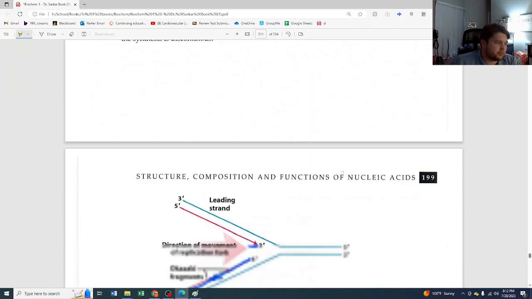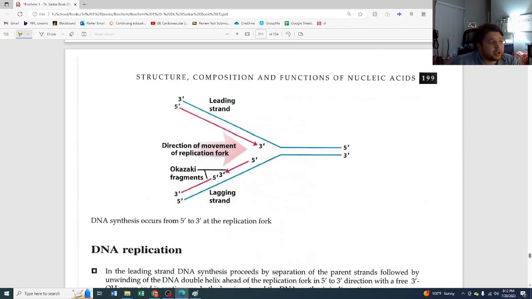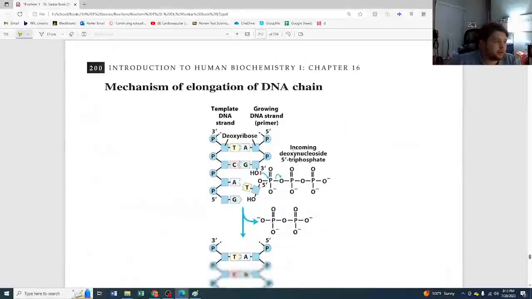Take the time to go back through, understand this. Know what 5' to 3' or 3' to 5' means, and which direction things are happening, because that will be a decent chunk of this upcoming test, being able to recognize and understand what 5' versus 3' and all that sort of stuff means.